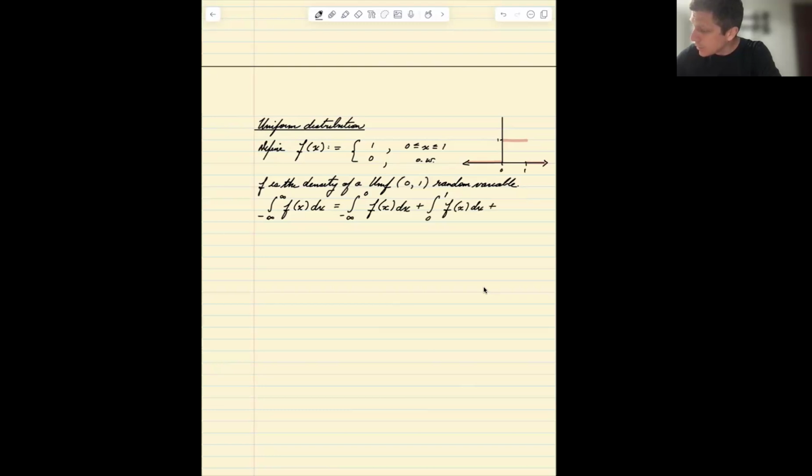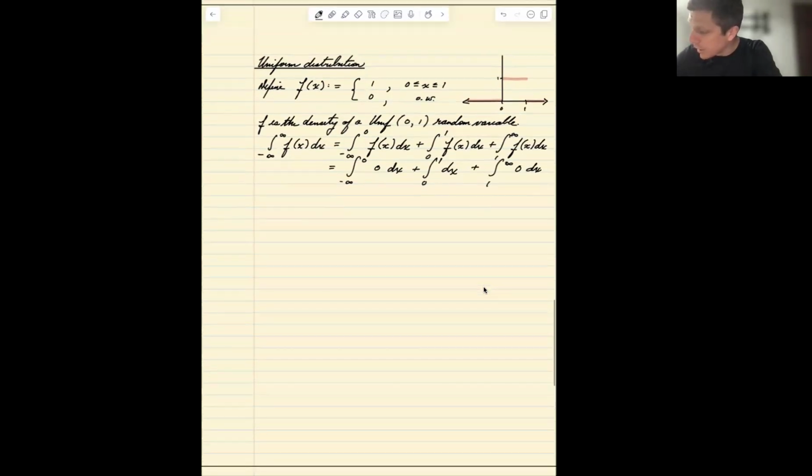The reason we do that in this case is that we have a piecewise defined function: it's defined as 0 less than 0, as 1 between 0 and 1, and as 0 bigger than 1. And the integral of 0 is 0, so what we're left with is just the integral from 0 to 1 of 1 dx.